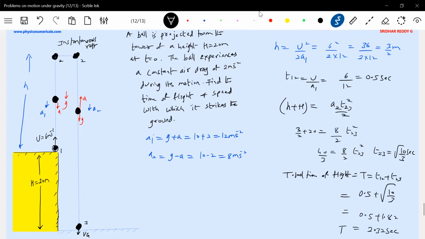With what speed will it strike here? The speed v is equal to the square root of 2a2h. It will fall freely from a height of small h plus capital H. So 2 times the value of a2, which is 8, times small h, 3 by 2, plus 20.